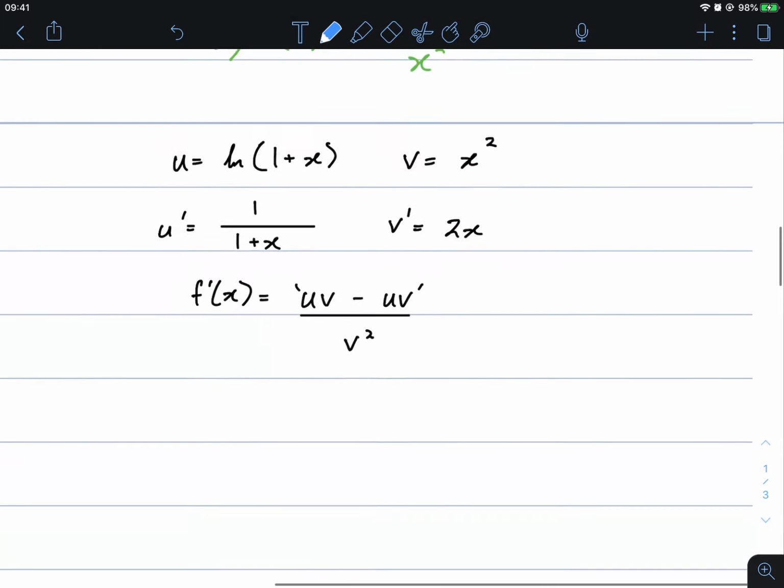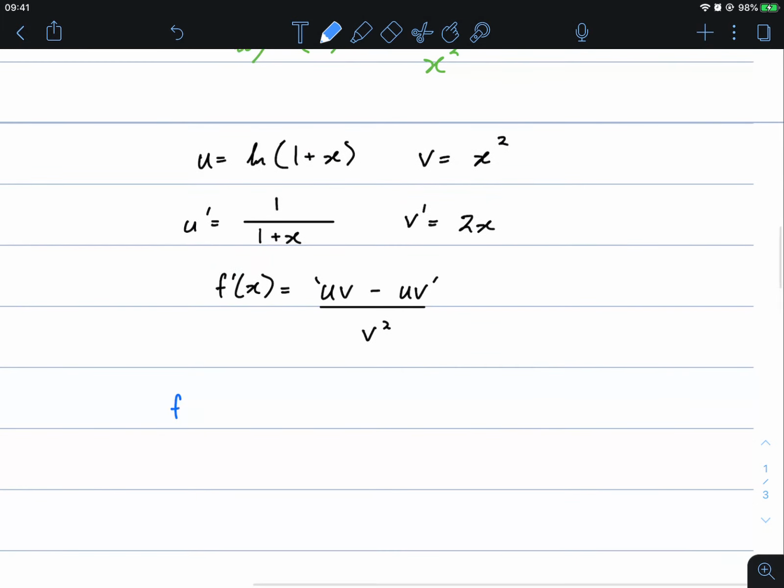Okay, here's where it gets very tricky. So f prime of x is equal to u prime times v. That's going to be x squared on 1 plus x. So that's done with this one.